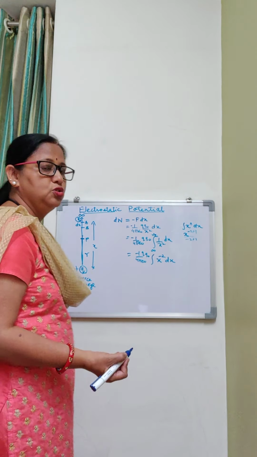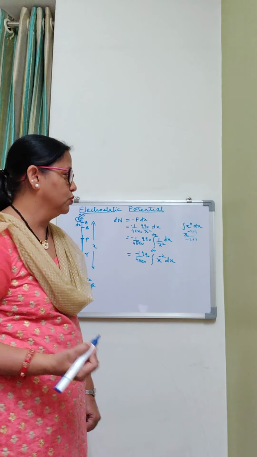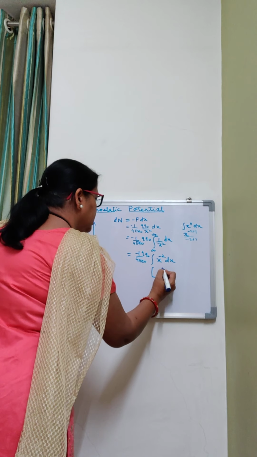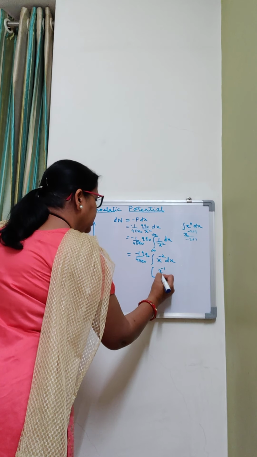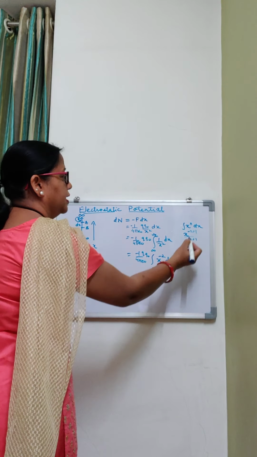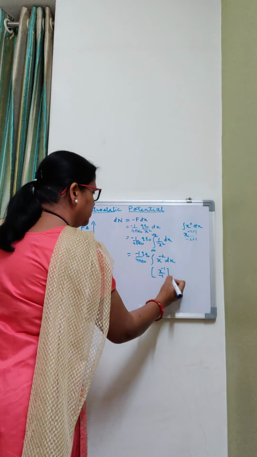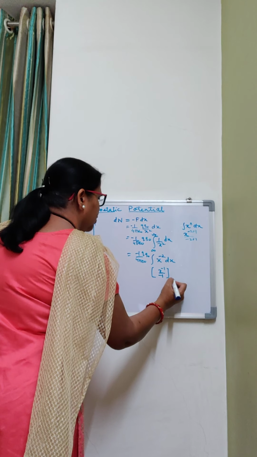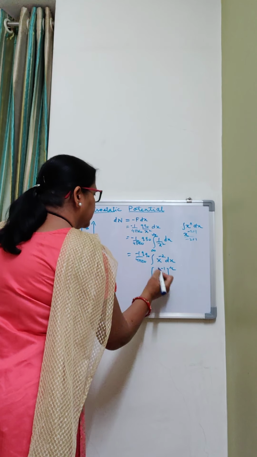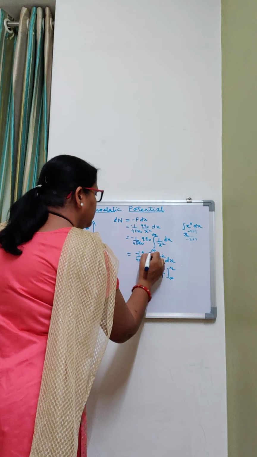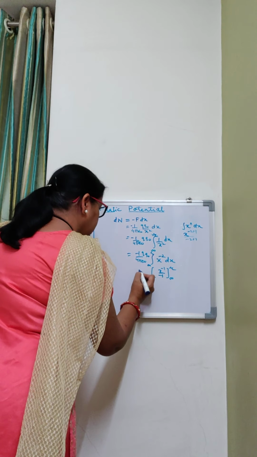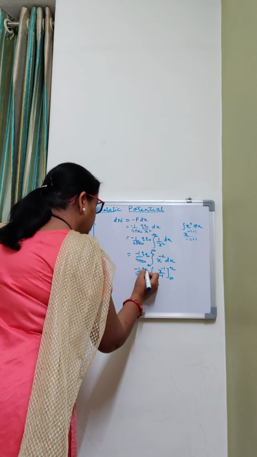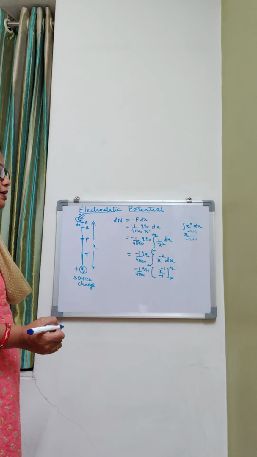So minus 2 plus 1 is minus 1. So we get the integration as x raised to minus 1 upon minus 1, with upper limit and lower limit from infinity to r, and this minus 1 upon 4 pi epsilon naught Q naught outside the bracket.